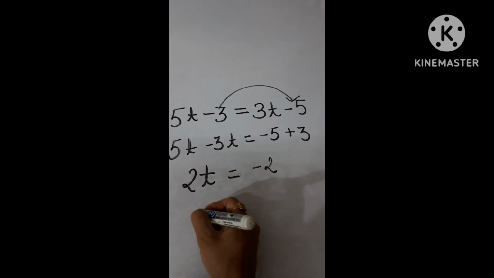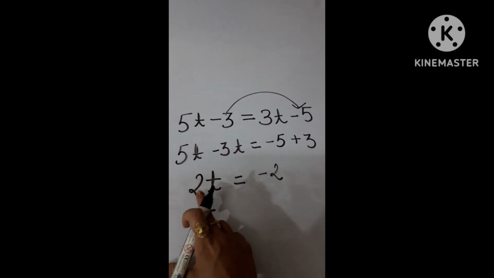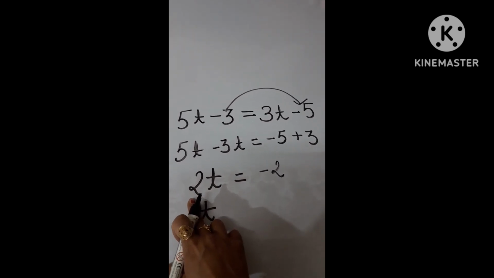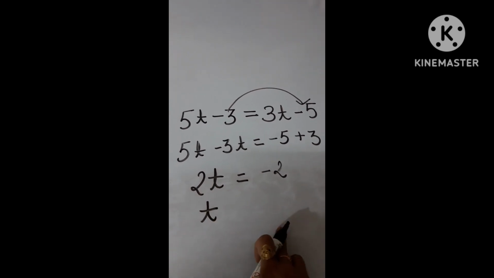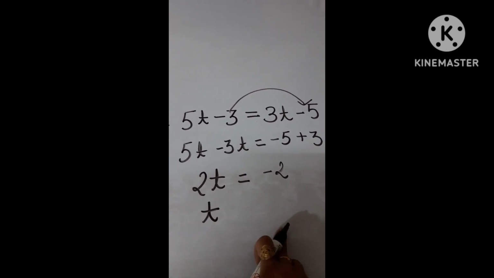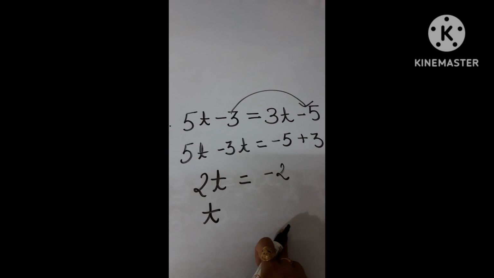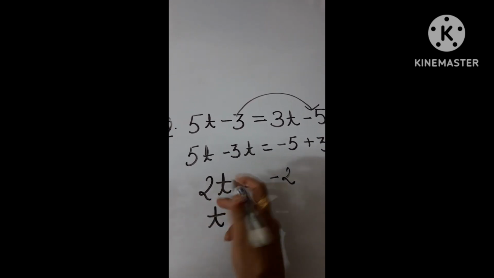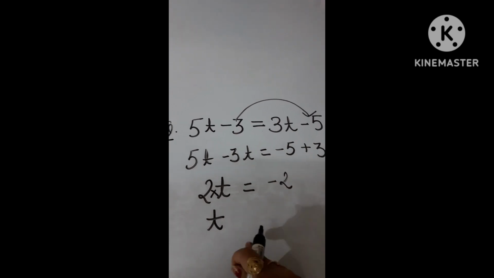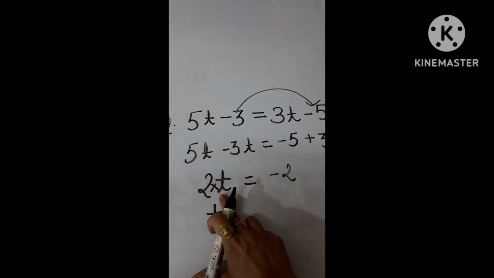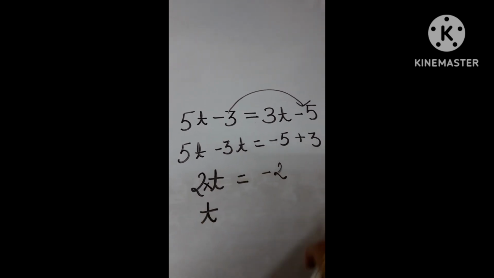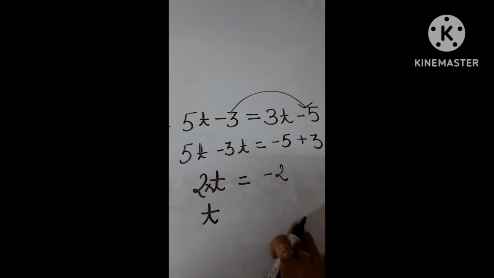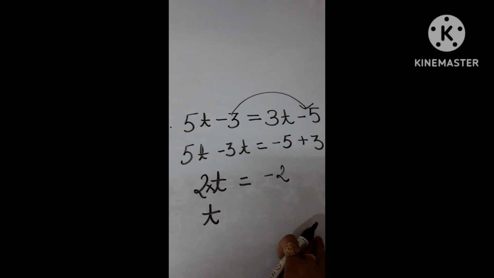Got it? So now t. So I had already told you this thing, that whenever you are going to change the sign of any of the variable or the constant involved in the equation, its sign will be changed. If you can see here, this 2 is in multiply with t. So when you change the position of this 2, it will go to the denominator, because multiply will change into divide.